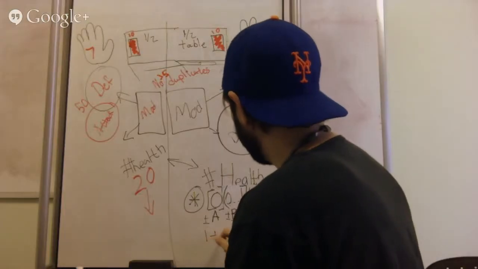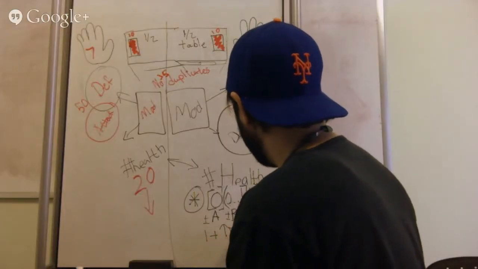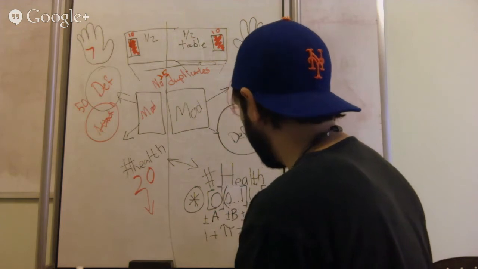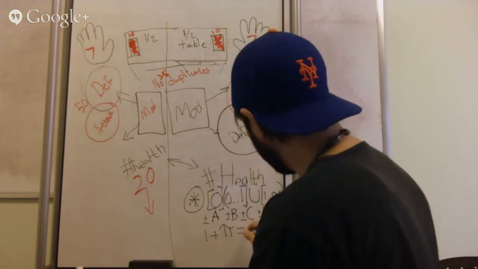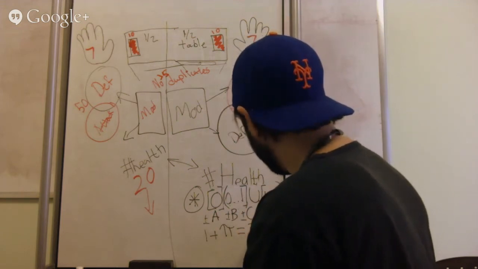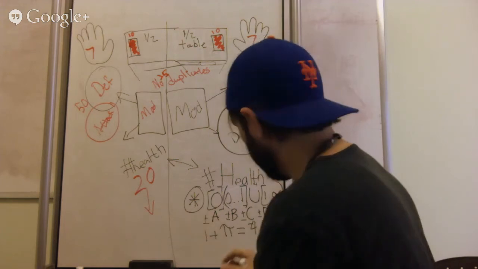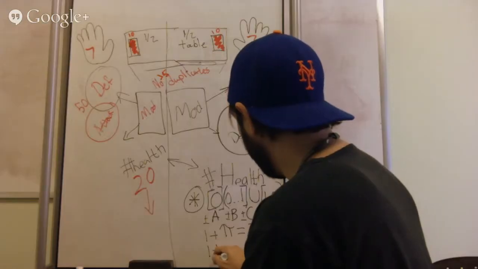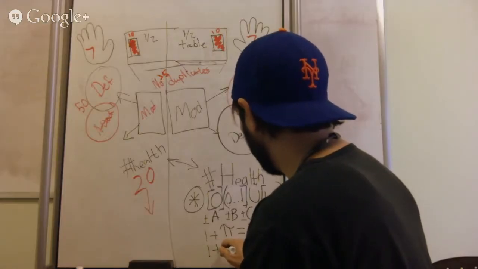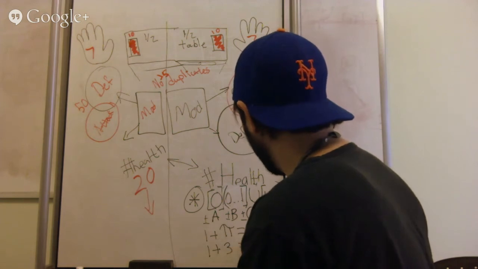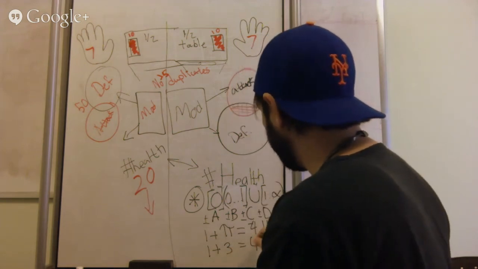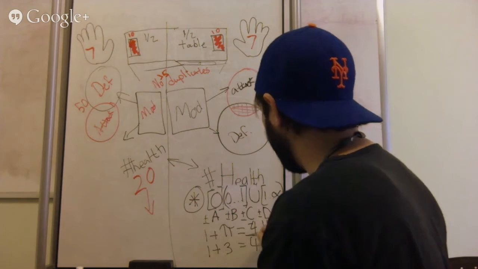If I added 1 plus pi, I'm going to get 4.141592, whatever. Right? If I add 1 plus 3, I'm going to get 4. These may be similar, but they are not telling me that something happened with pi.